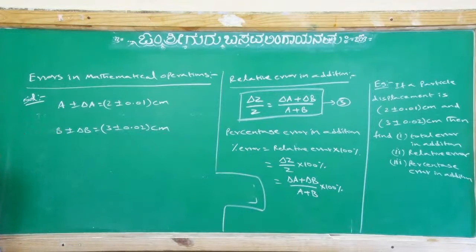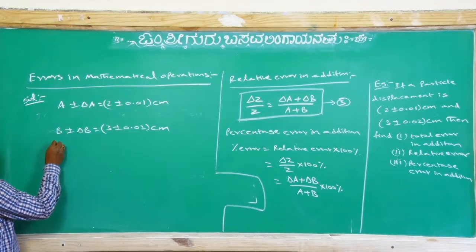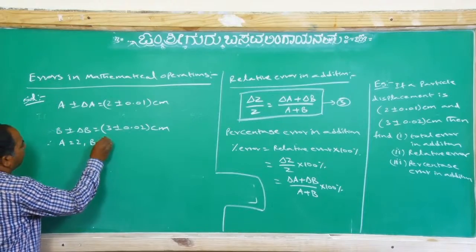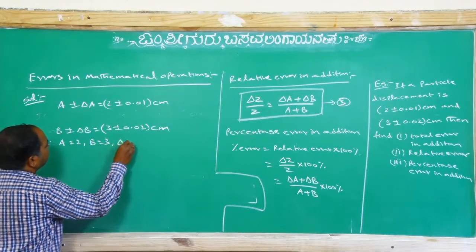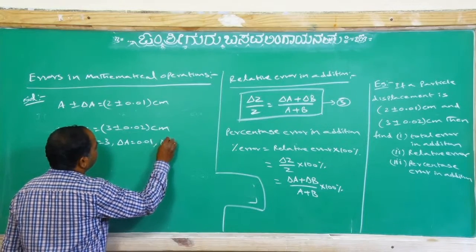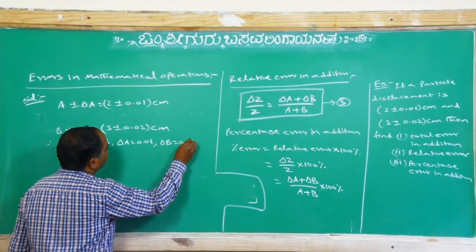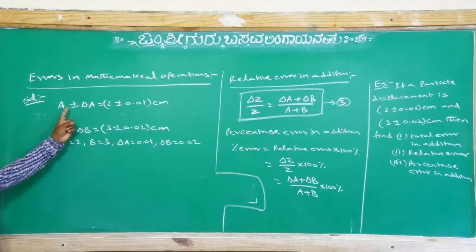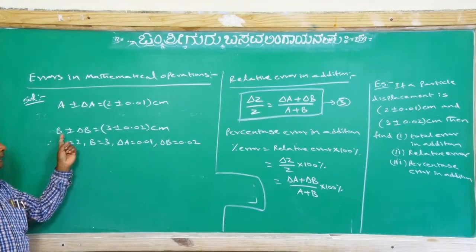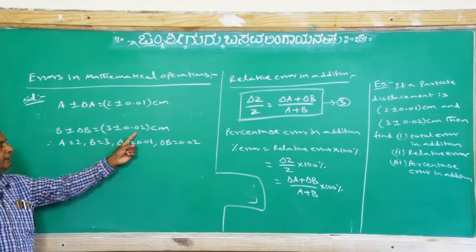Now, comparing, A is equal to 2, B is equal to 3, delta A is equal to 0.01 and delta B is equal to 0.02.